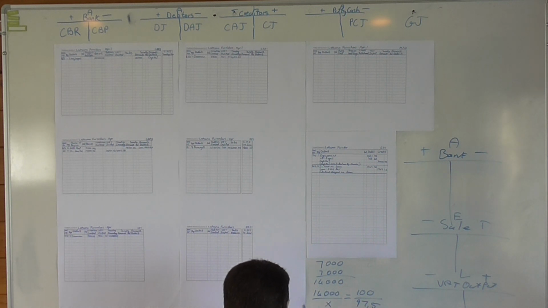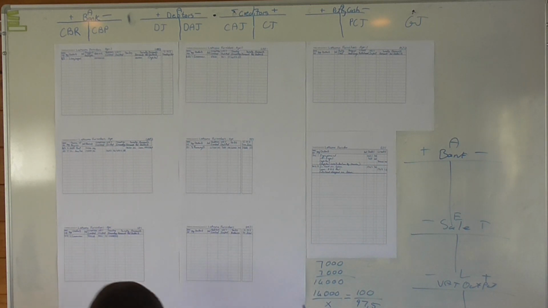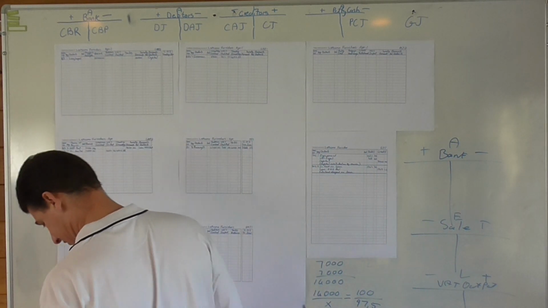So let's turn it around. It's X over 14,000 equals 97.5 over 100. So X will be 97.5 over 100 multiplied by 14,000. And that gives you 13,650 Rand. Okay, so let's put that in here.